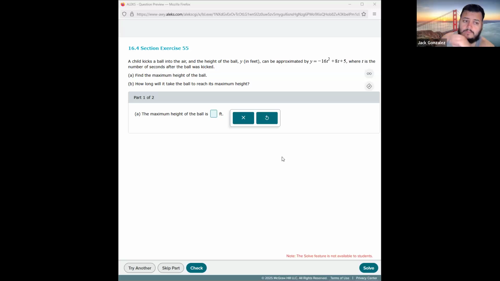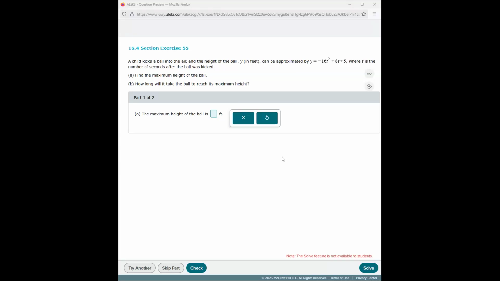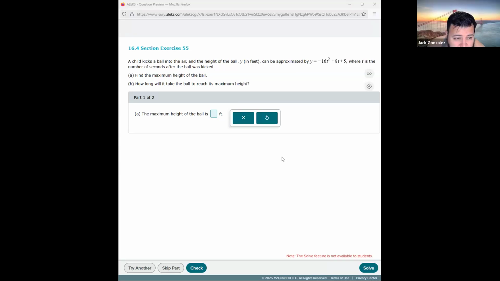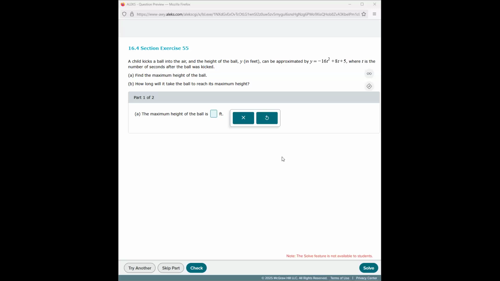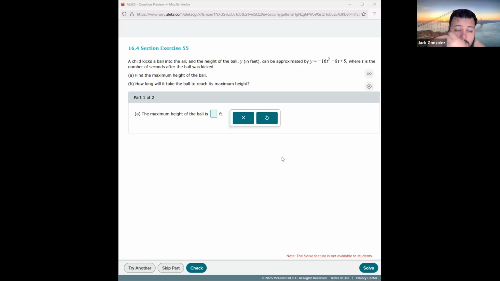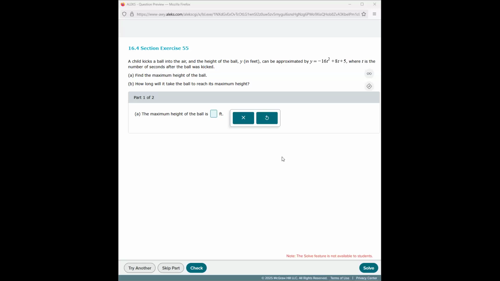All right. So the next one, we'll do one of these and then we'll move on to something else because there's like 3 of these. This is number 7. It's basically the same question as before, right? It's a child kicks a ball, blah, blah, blah. Basically, this parabola is modeling the ball in the air. So we know the maximum always happens at the vertex, right?